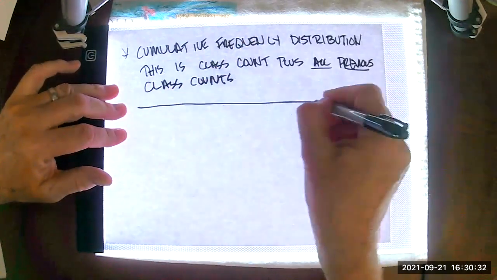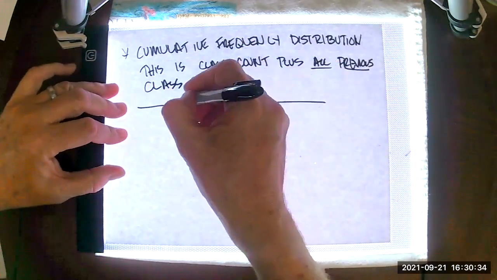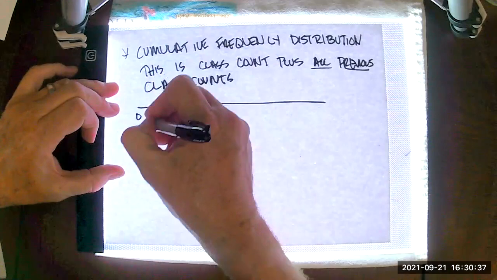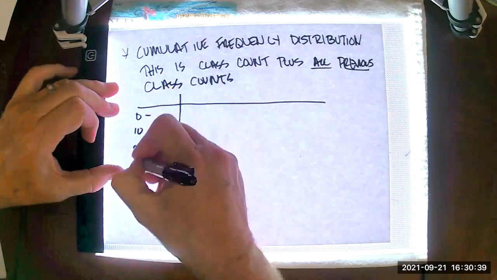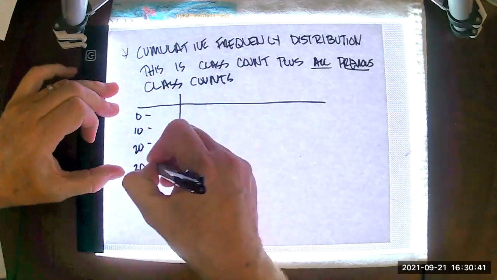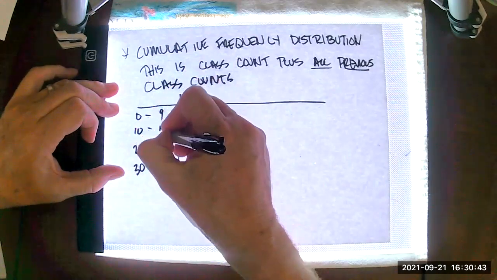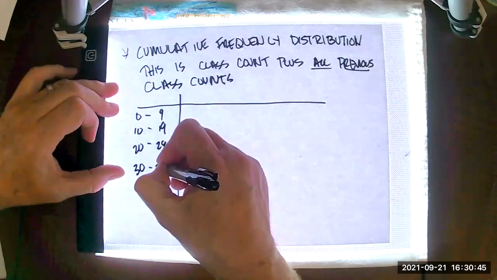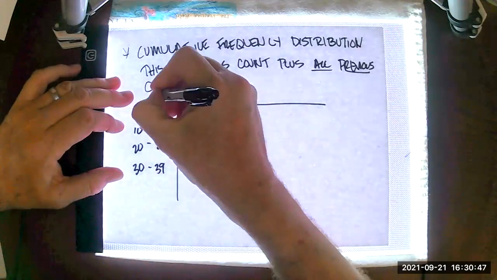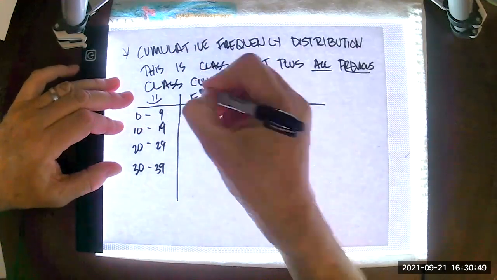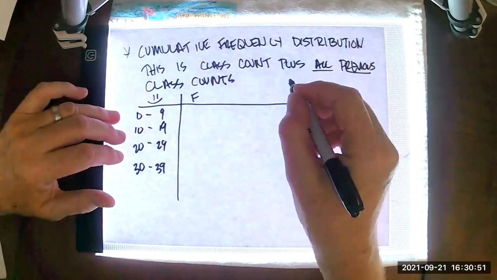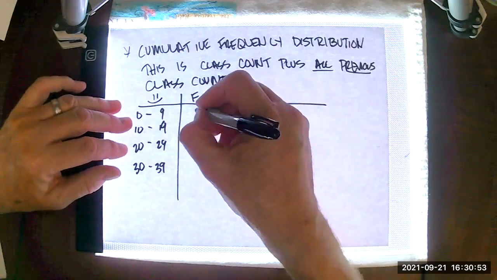And I'll go ahead and use that data again. So 0, 10, 20, 30, 9, 19, 29, 39. Those are my classes. And these are my frequencies. So what were they? 2, 7, 12, 9, and 3.